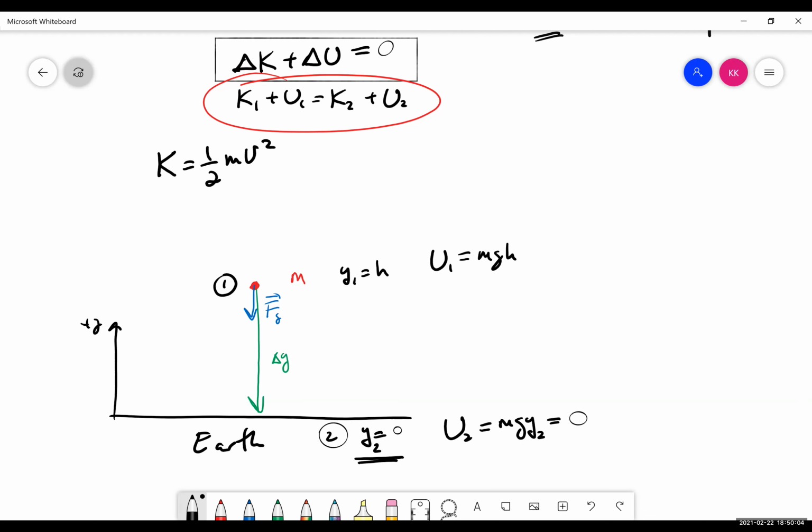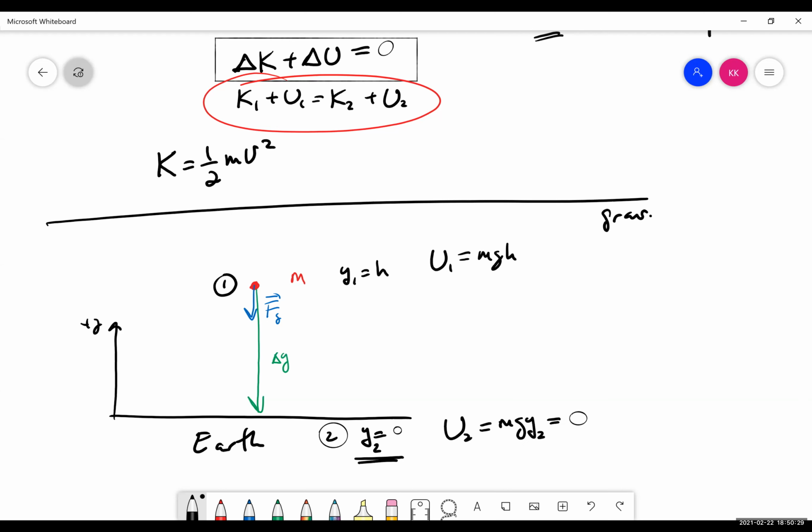Again, I don't necessarily have to take ground to be 0, but the idea here is this. It's easier to take one point to be a reference point and have that equal to 0, because gravitational potential energy is height dependent. And in this case, the higher the altitude, the more the potential energy.